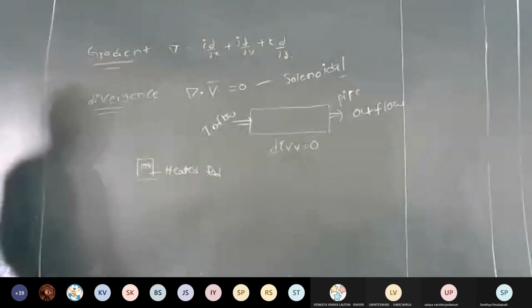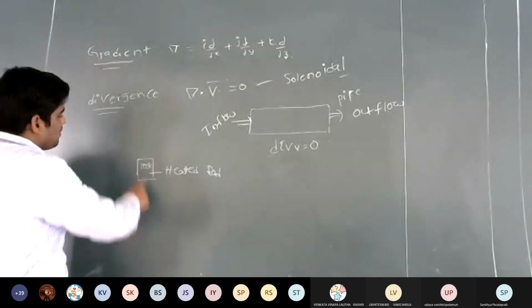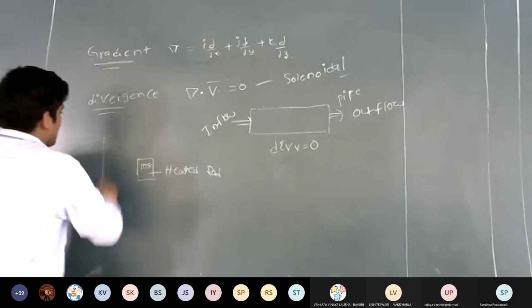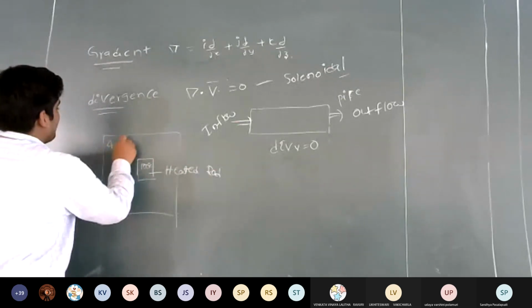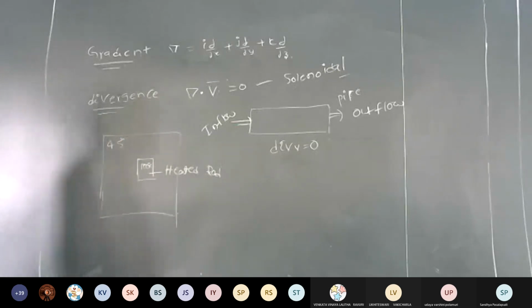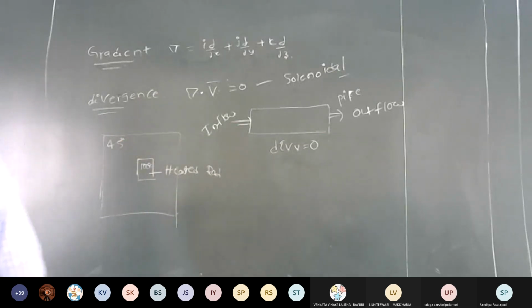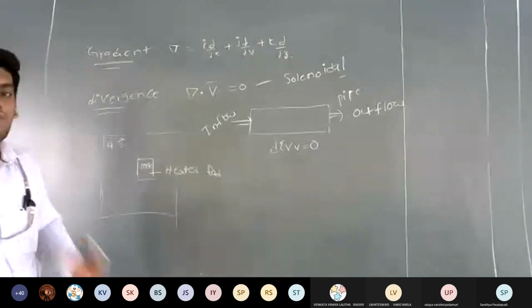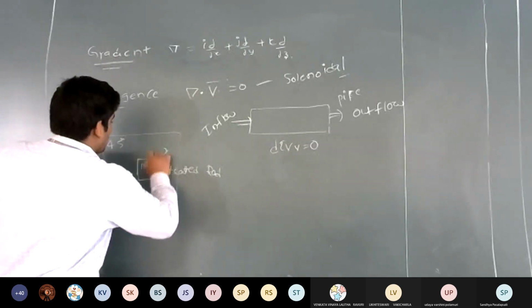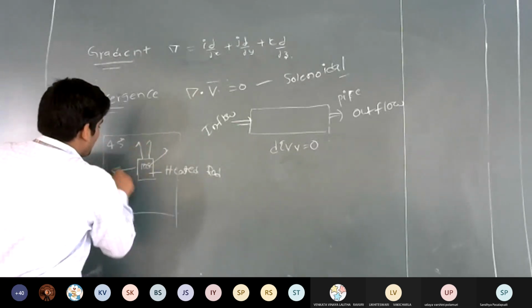If you put this heated rod in a closed room whose temperature is 45 degrees, the temperature is transmitted from the hot body to the cold body.